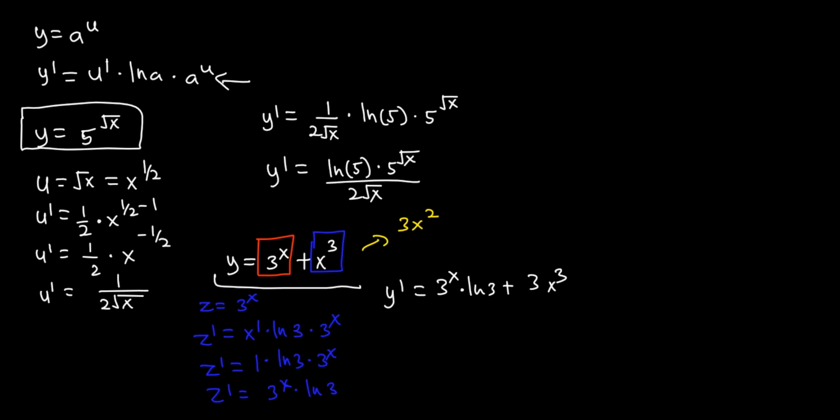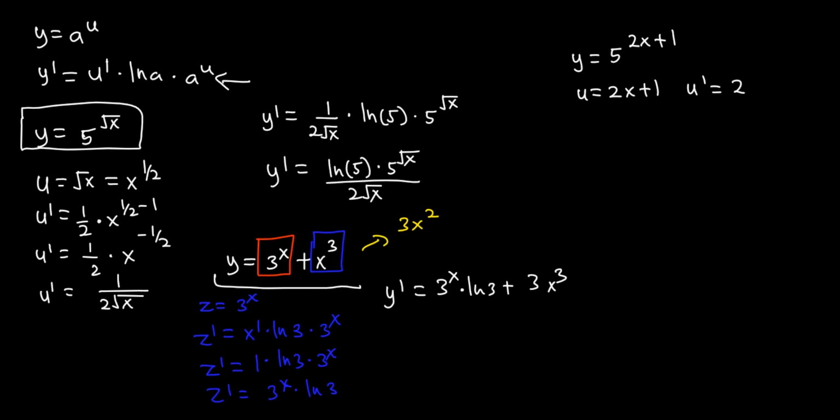Let's take another example. We have y equal to 5 to the power 2x plus 1. Let's find the derivative of this function. I'm going to consider u to be equal to 2x plus 1, and then we will need the derivative of u, which is u prime, and this will be equal to 2.